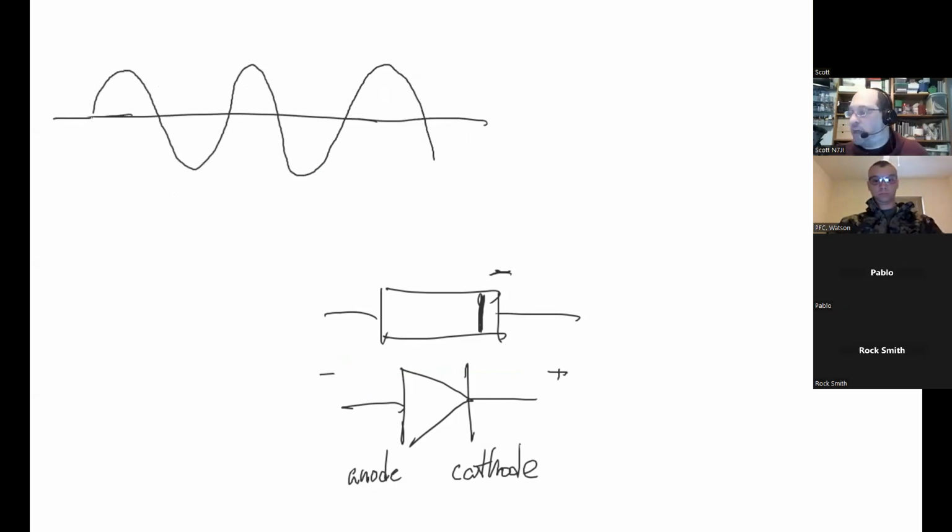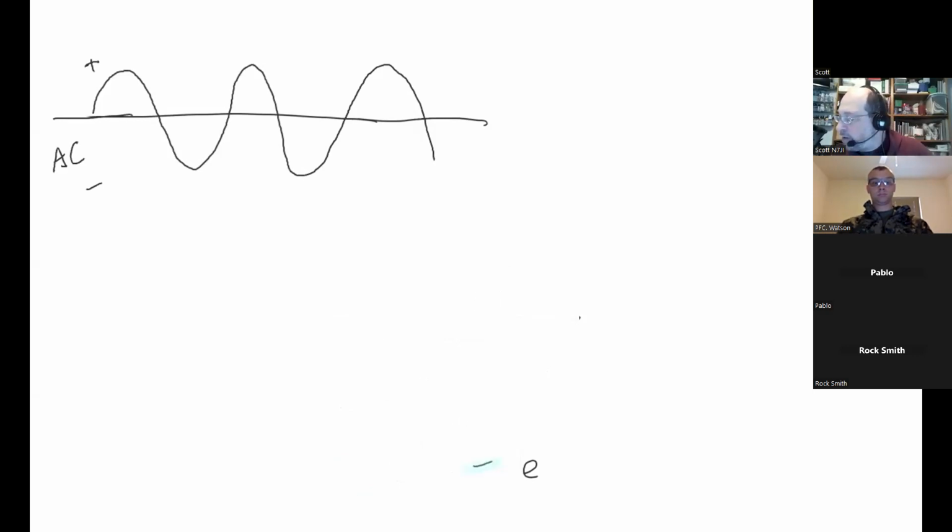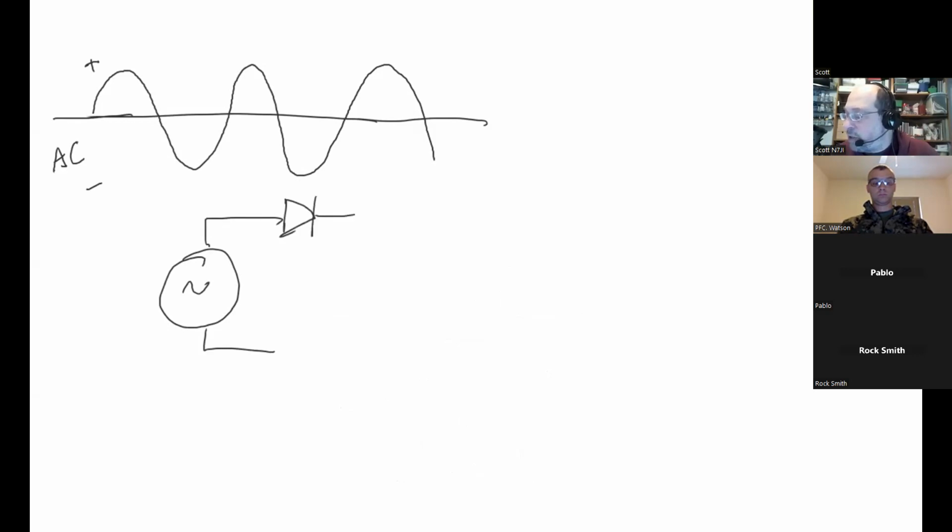Sine wave. A sine wave, and this is what we have for AC, right? And when we have AC, we are positive and we are negative. So let's say that we have this AC power supply, which is our wall voltage, and we run this through a diode.